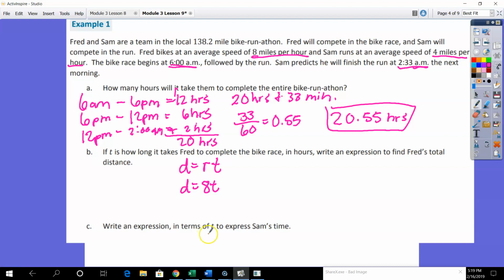So then for Sam, we're going to have, since T is Fred's time and 20.55 is the total time, Sam's running after, we're going to have the total amount of time.